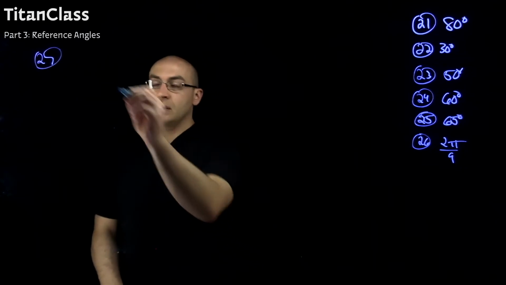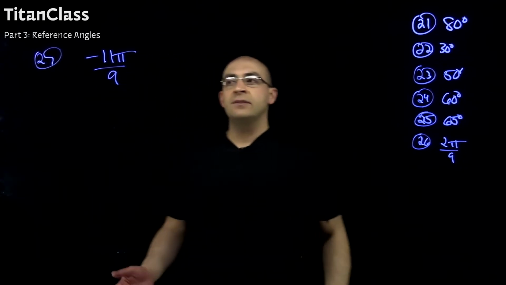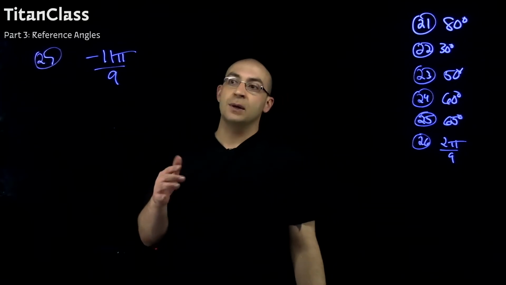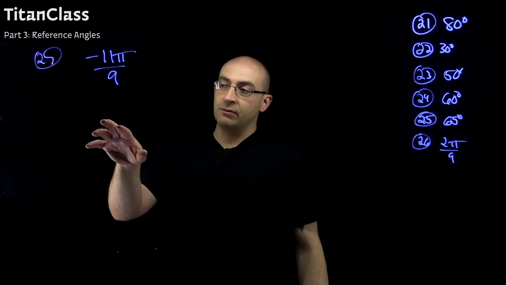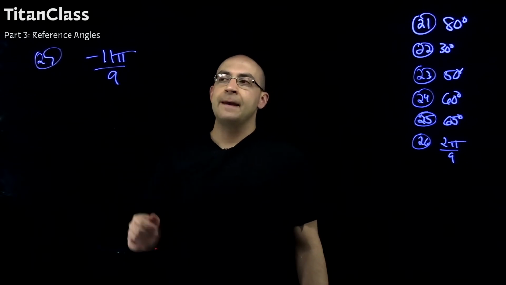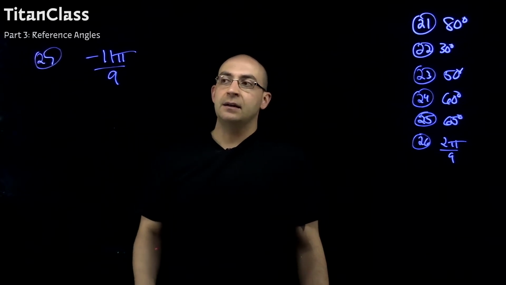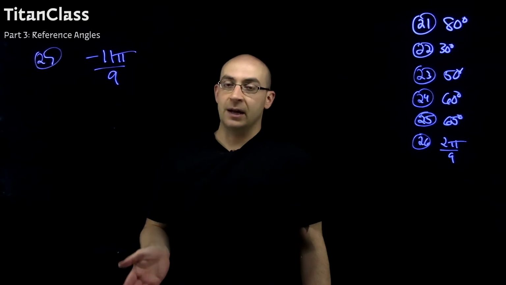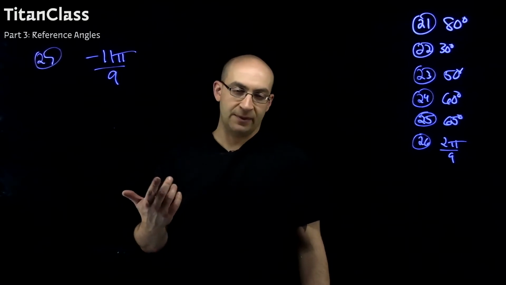27 is exactly what we're talking about. Negative 11 pi over 9. Well, let's think again in terms of my denominator. 18 pi over 9 is 1 full revolution, or in this case, negative 18 pi over 9 is 1 full revolution. Because I'm not really close to 18 pi over 9, I just need to get to 9 pi over 9, because 9 pi over 9 is 180 degrees, because it's just going to simplify to pi.